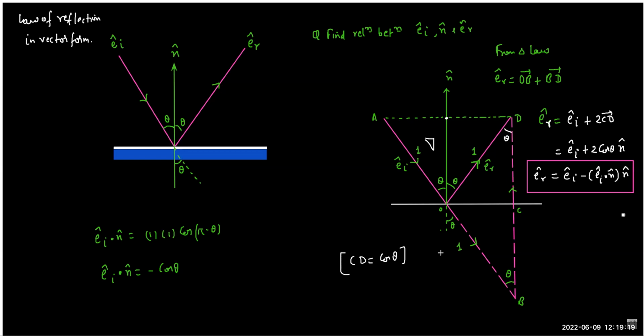So for example, let's solve one problem. If I draw some random mirror in 3D space, and the incident ray is coming, let's say, in the direction parallel to a vector A. So the vector A and the incident ray are parallel.